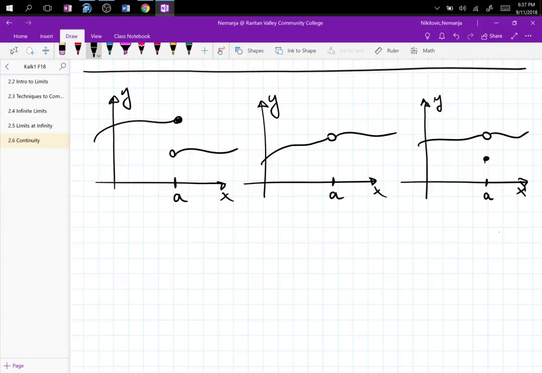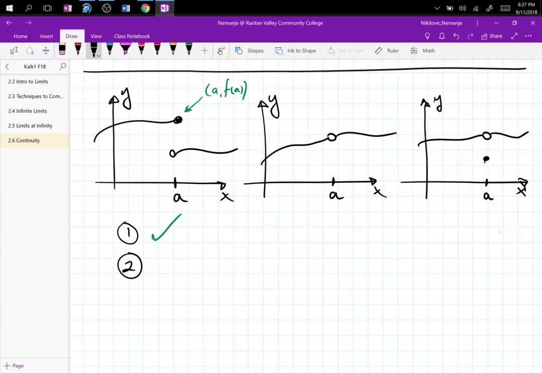How about the first picture? Rule number 1 says f of A exists. Do we have f of A? Yes, very good. The first one passes because this is your f of A, where the black dot is. Therefore, rule number 1 passes. How about number 2? Limit.